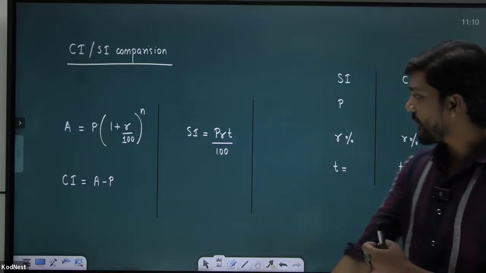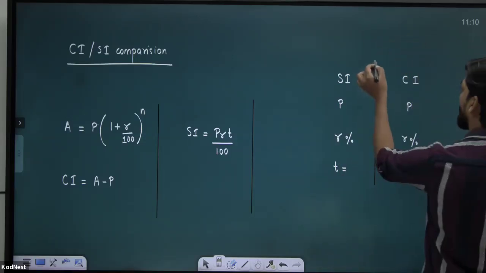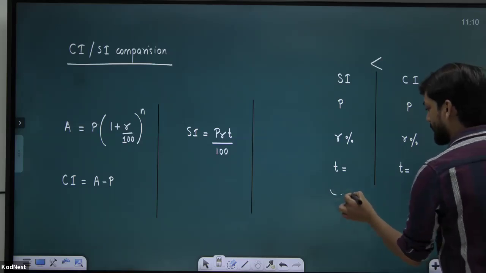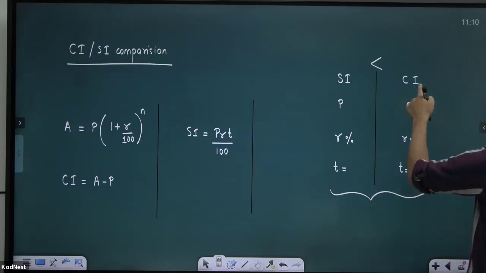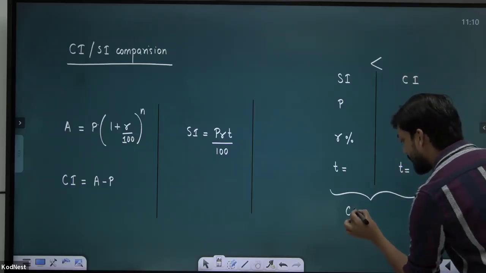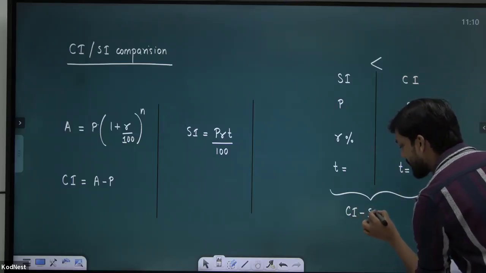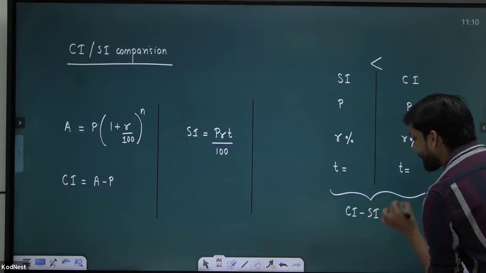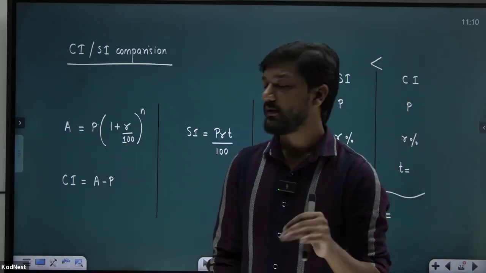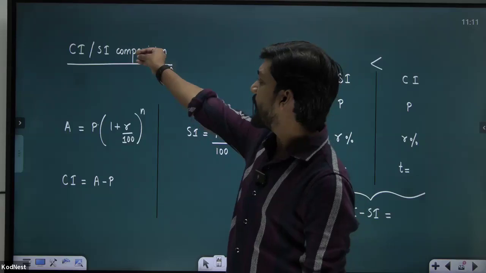Compound interest, always. Okay. So compound interest is always higher. But how much? If it is higher, how much higher is it? How much extra is it? So how much higher? I'm asking this. CI minus SI. So comparison means now I will try to see the difference or calculate the difference.